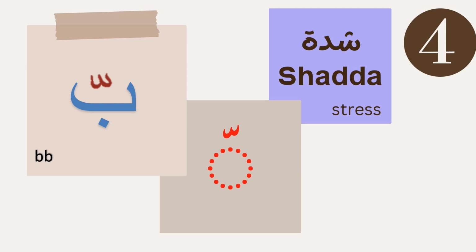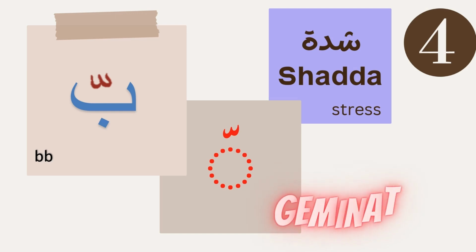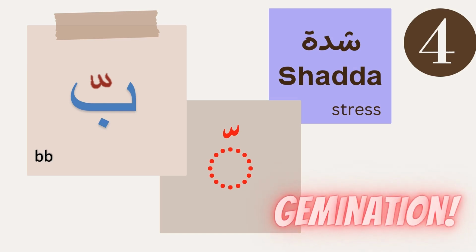It's like a little W put above the letter, and when you see it, it means you will pronounce this letter twice. So if it's above the ba, it means the ba will be pronounced 2 times, not only 1 time.